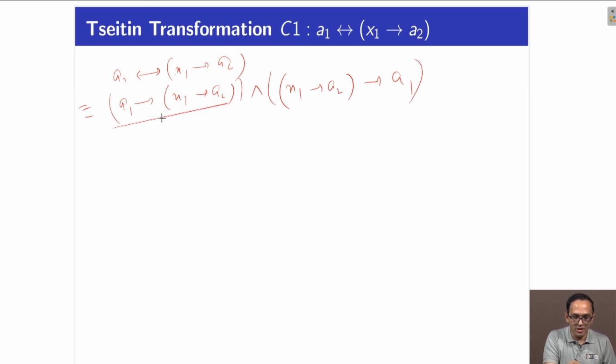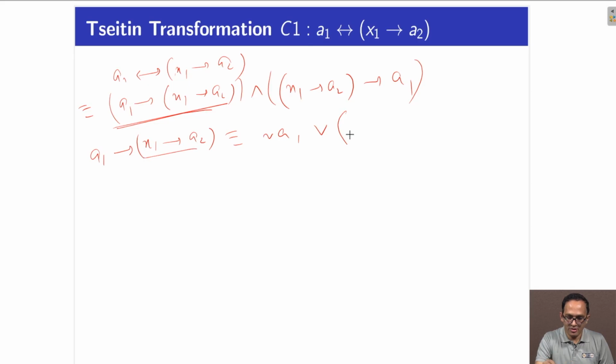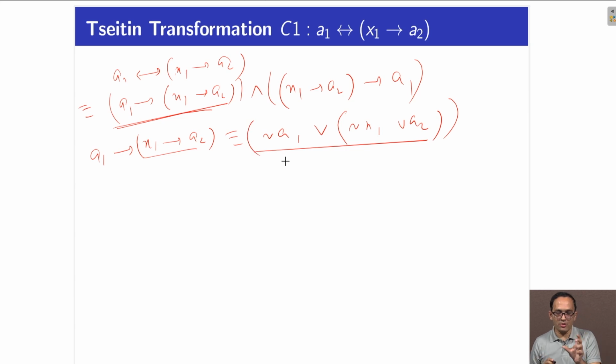Now if I take the part A1 implication (x1 implication A2), and represent this implication, it is not of A1, or this. So this is basically not of A1 or not of x1 or A2. So this is a disjunction of literals. This is one of the clauses in CNF, so this is already in CNF.